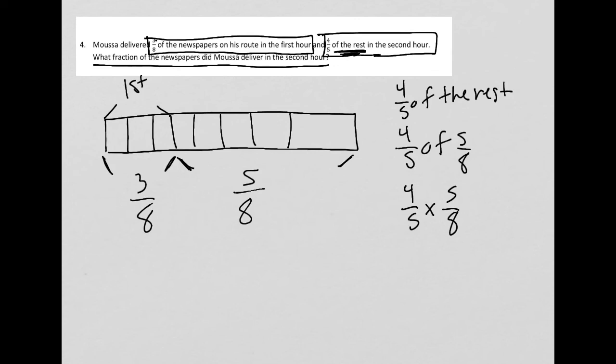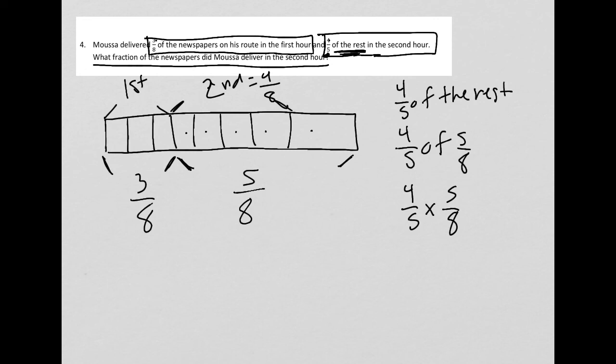Now, I also know from my tape diagram that I have 5 pieces here, because I have 5/8. And they did 4/5 of the rest. So I think it's going to be 4 out of these 5. I think this is going to be the second hour. So I think the second hour is going to be 4 out of 8.